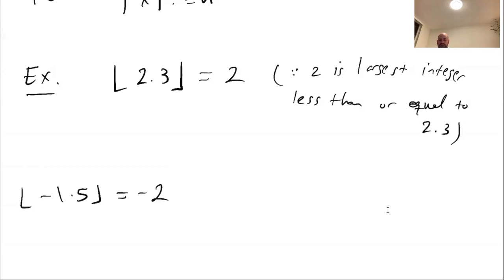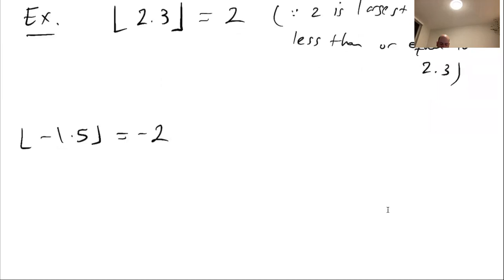It cannot be minus 1 in the case of minus 1.5, because minus 1 is not less than minus 1.5; it's bigger than minus 1.5. We have to choose the largest one among the integers that are less than or equal to x, and minus 1 is not one of those integers in this case. Minus 2, however, is one of them and is the largest one.